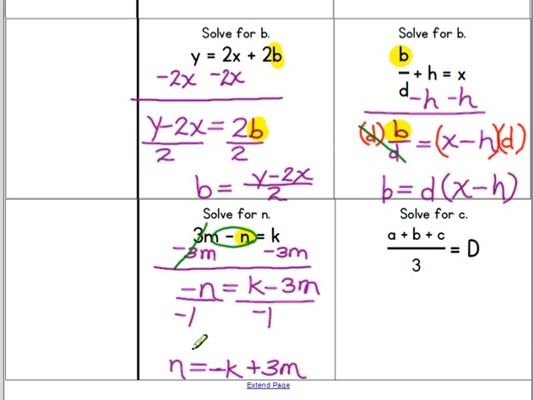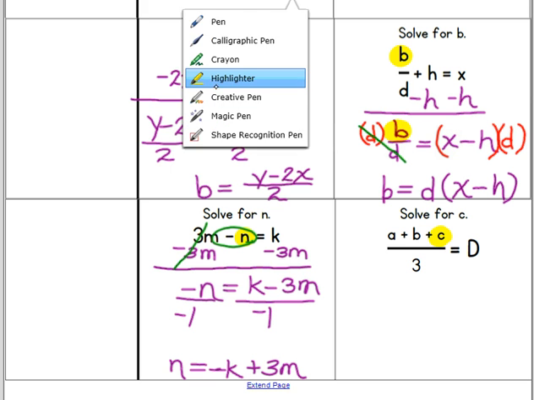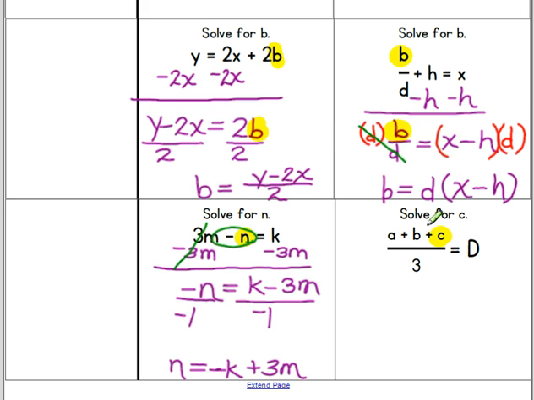All right, last one. So it asks us to solve for c. So the first thing that we need to undo is this division of 3. So to undo that division of 3, we are going to multiply both sides by 3.